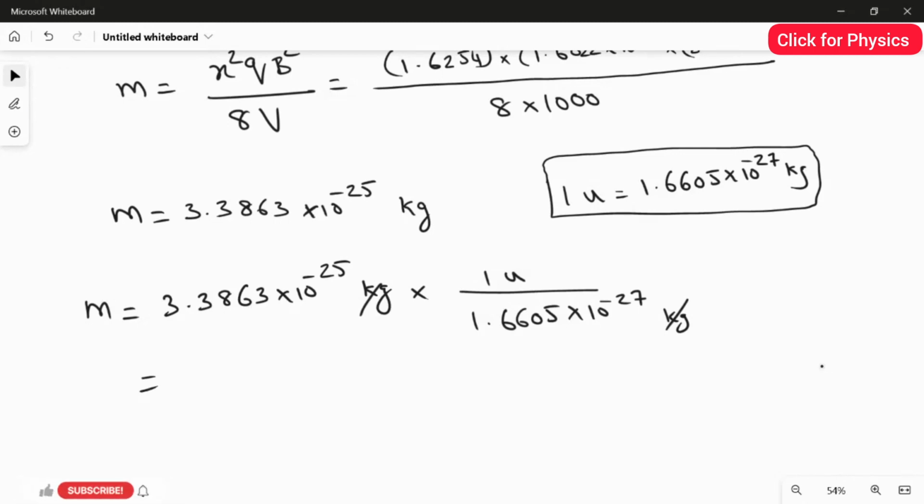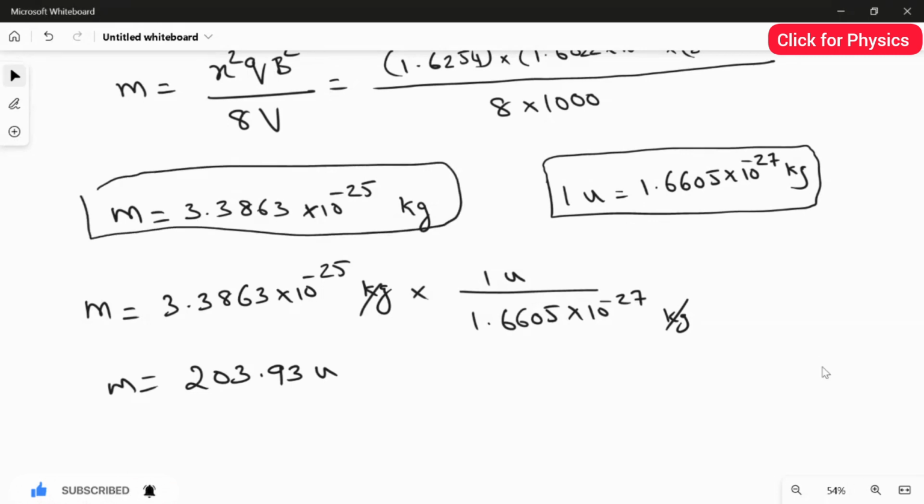Let's see what the answer is. 3.3863 multiplied by 10 power minus 25 over 1.6605 10 power minus 27. The answer I got is 203.93 atomic mass unit. So this is the answer in terms of atomic mass unit.